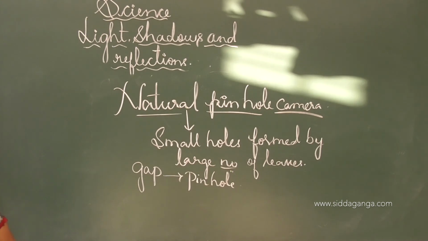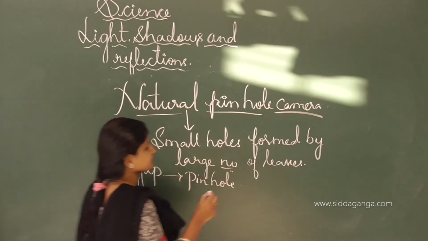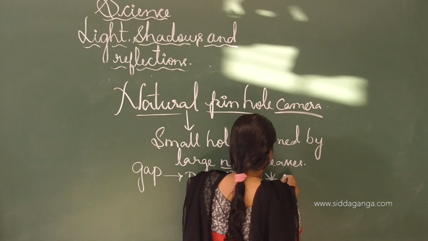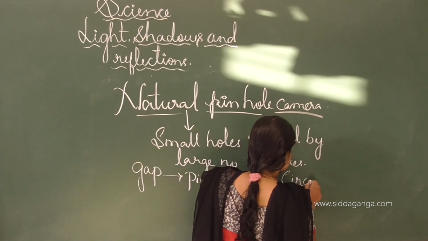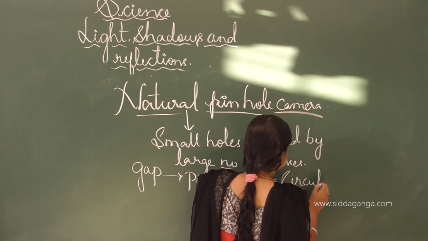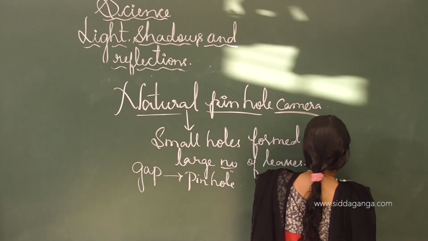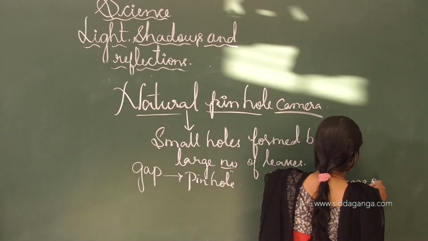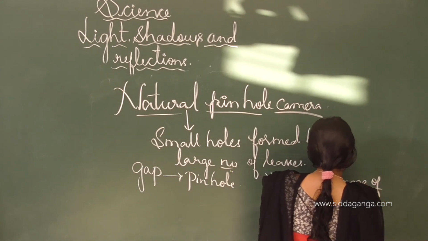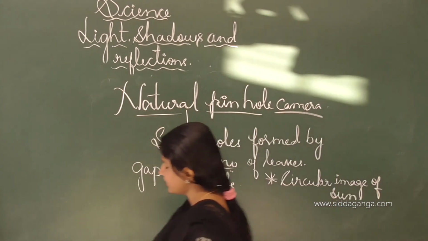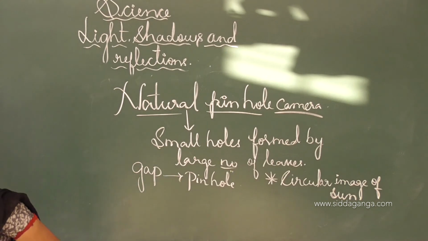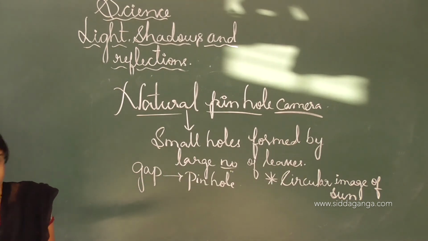We can see the circular image of the sun. Circular image of the sun, and the circular patches are nothing but the image of the sun.